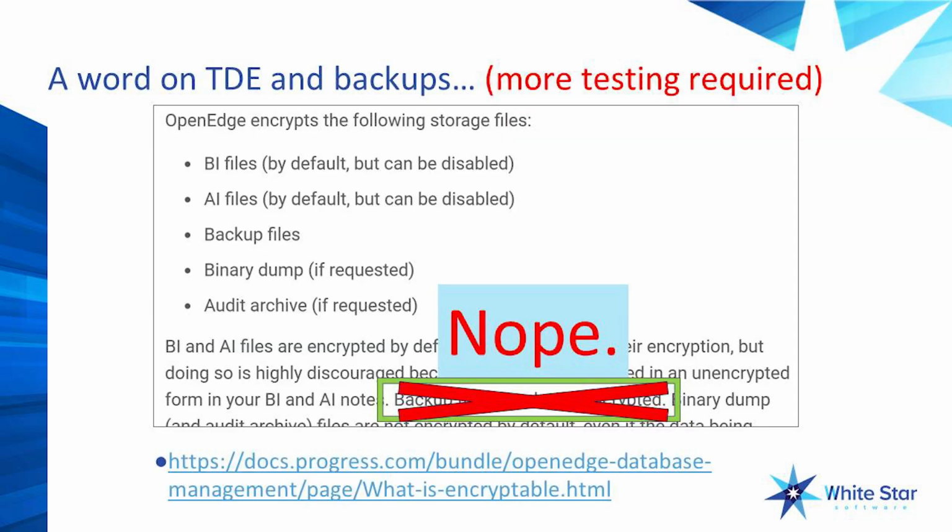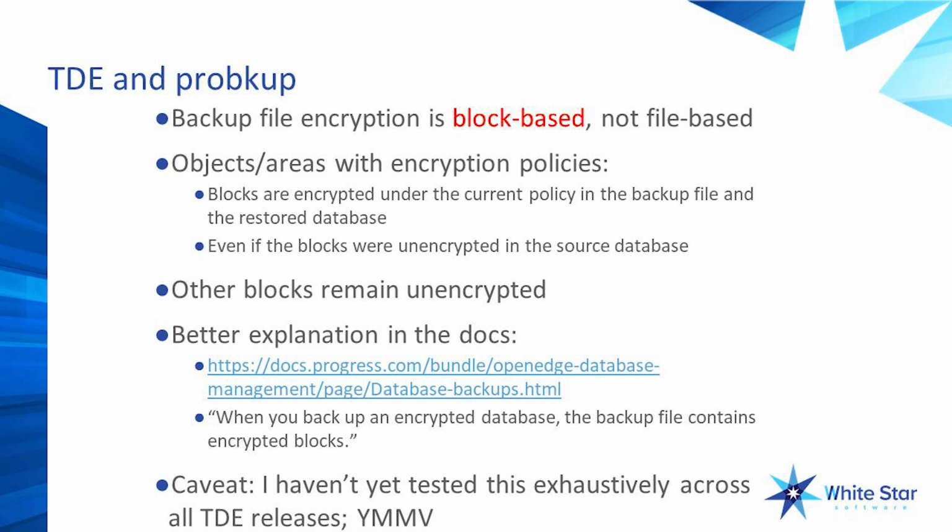Just a quick word on ProBackup. This is a screenshot of the documentation. Backup files are always encrypted. Not really. If you have data in objects that are not covered by an encryption policy, they're in plain text in the database, and they're going to be plain text in your ProBackup file.